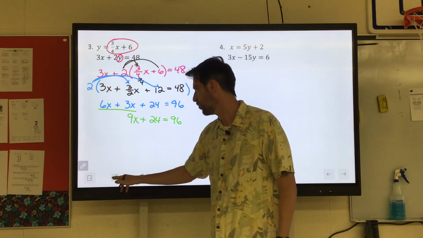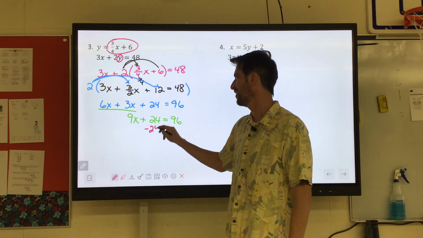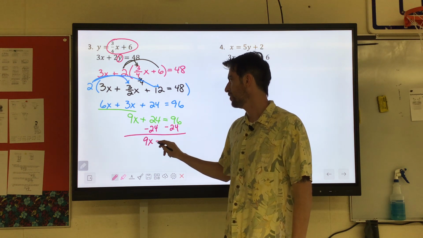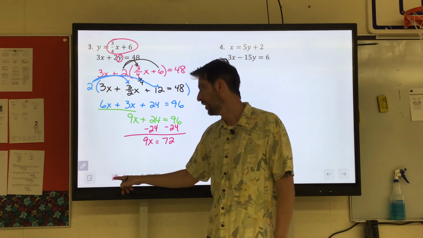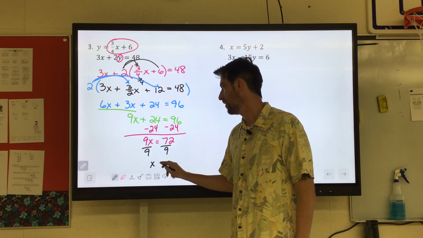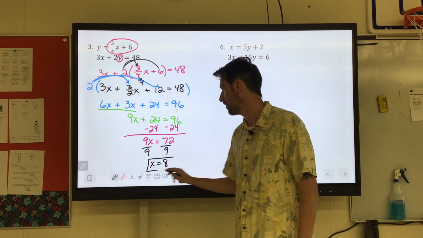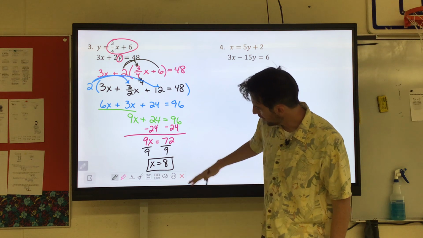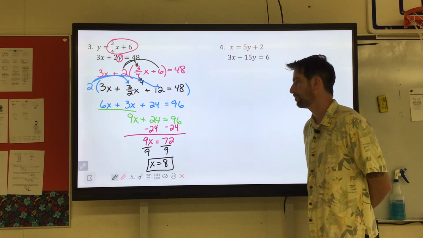Yeah, subtract the 24. You got it. 9x equals 72 divided by 9. And we got x equals 8, baby. That looks like an angry block from Mario Kart if you look at it from the side.